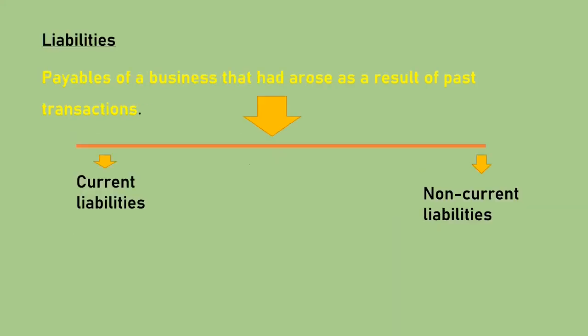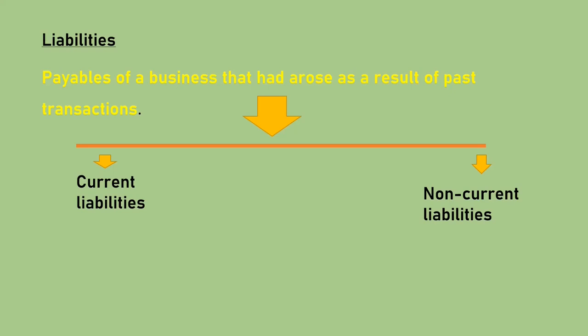Let's see what the liabilities are. Liabilities means payables of the business. There are 2 types of liabilities: current liabilities and non-current liabilities. Current liabilities can be interpreted as liabilities that should be settled within a short period, which means within 12 months.